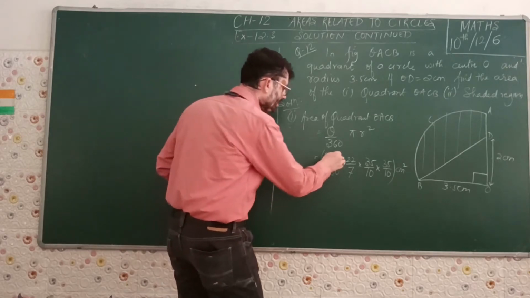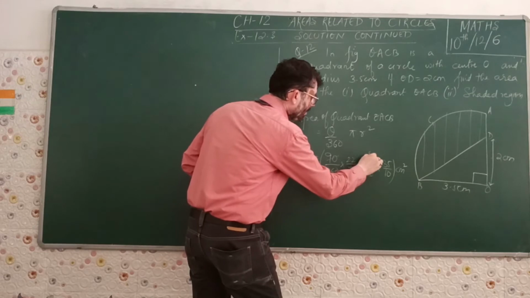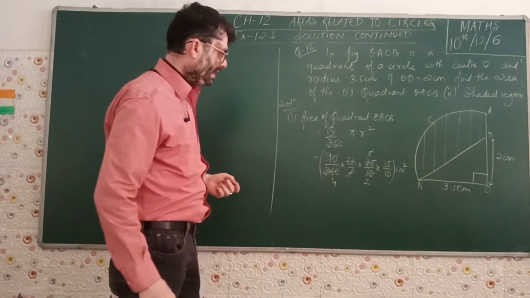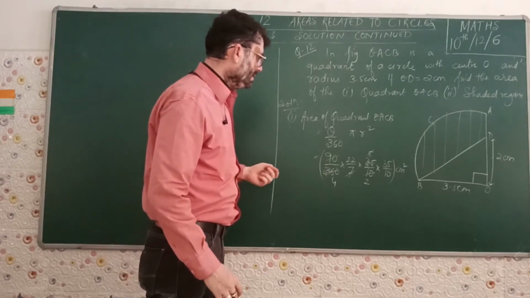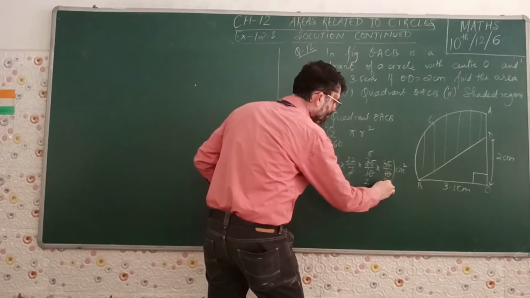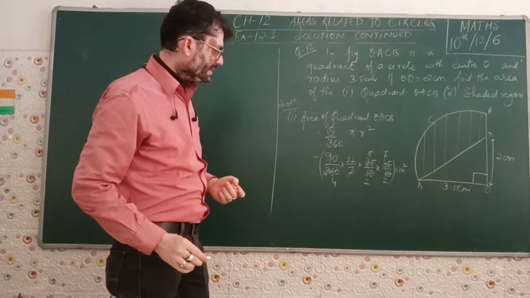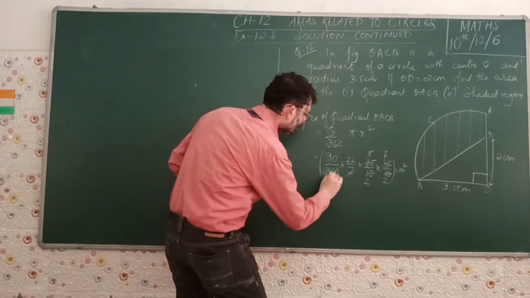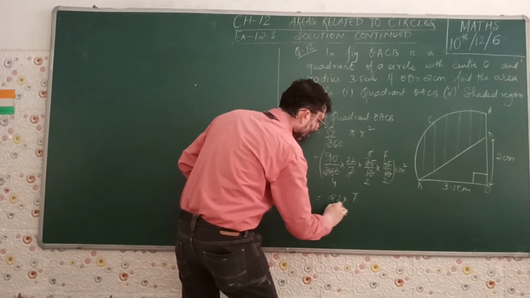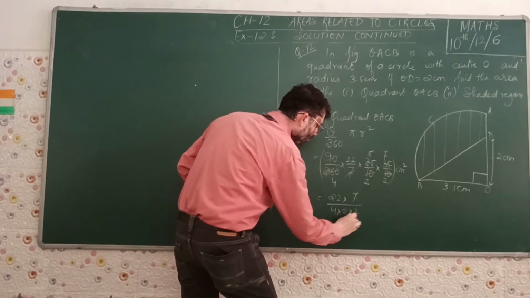Let us simplify. This is 90, 4 is 7, 5 is and 5, 2 is. Do we have anything else to cancel? Yes. 5 2s and 5 7s. We don't have anything else, I think, for simplification. So this is 22 into 7 divided by 4 into 2 into 2.